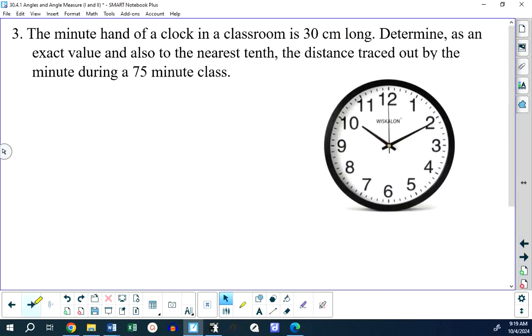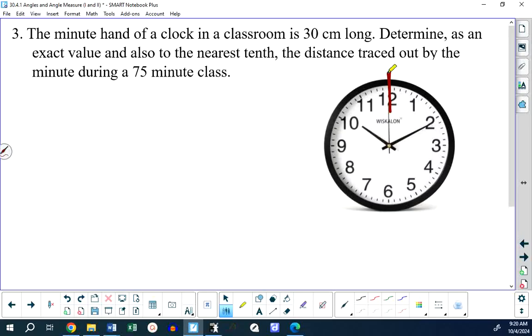Oh, another clock. The minute hand of a clock is 30 centimeters long. As an exact value, and also to the nearest tenth, what is the distance traced out by the minute hand during a 75-minute class? Well, 75 minutes, we have to sort this out. And because it is a clock, let's start here, because the minute hand moves this way.